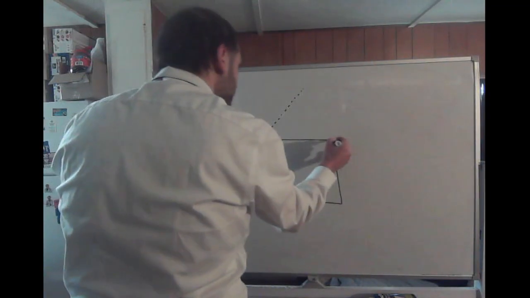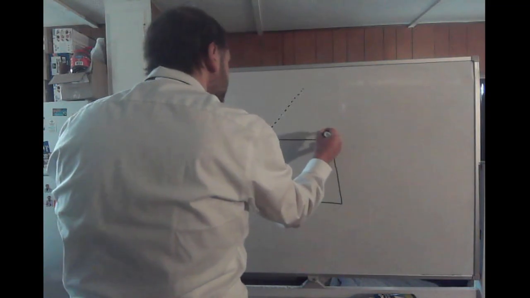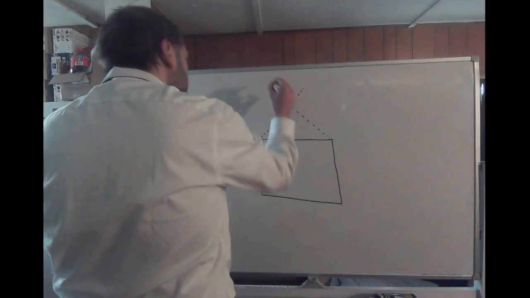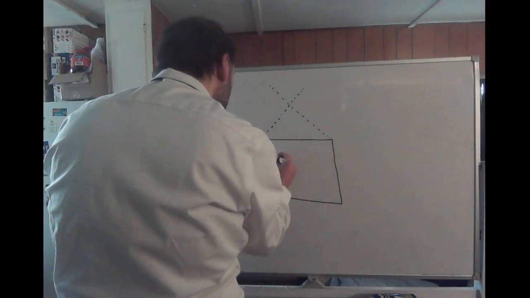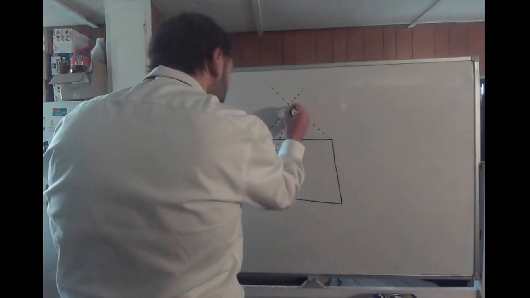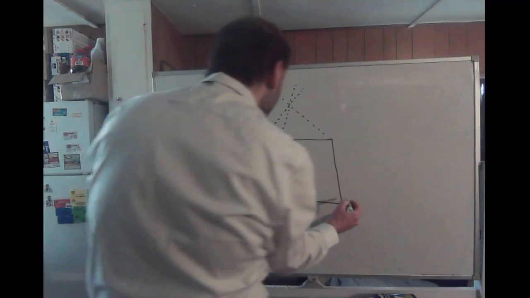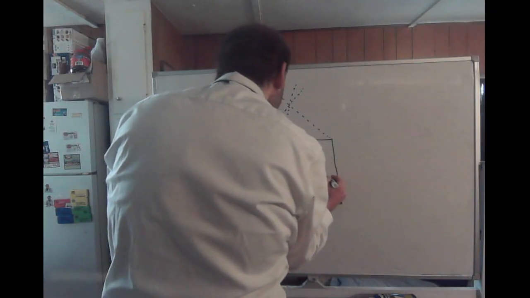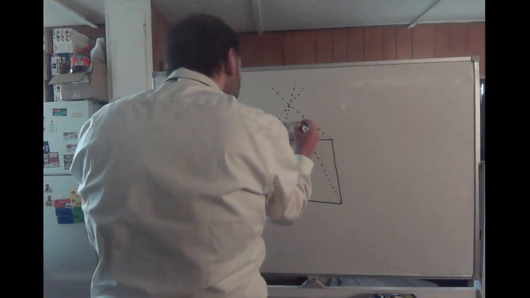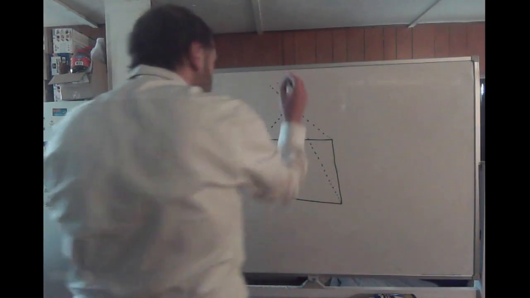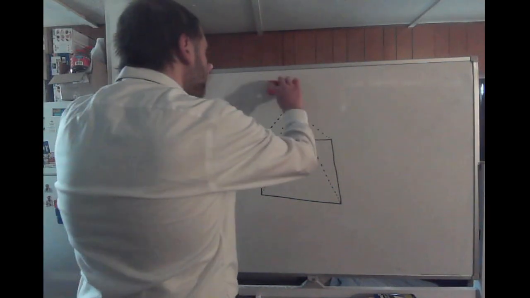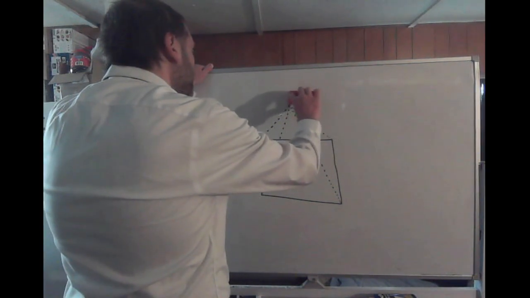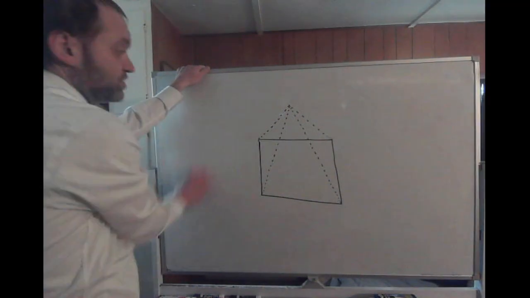Let me draw me a pyramid here. Perfect. All right. So I got me a pyramid. There we go. There's a square pyramid.